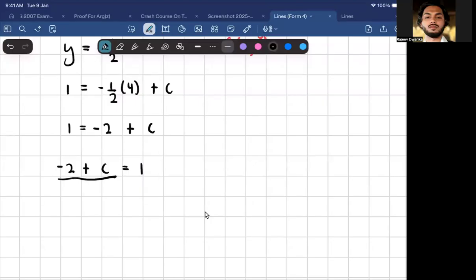No, c. If you want to find for something, what you're trying to find should be the only thing on the left-hand side. So I'm trying to find c. So everything that's not c shouldn't be over here. So you see this minus 2, it shouldn't be over here.